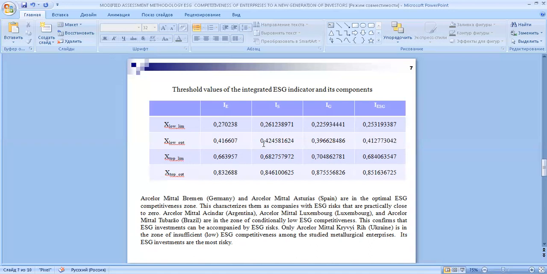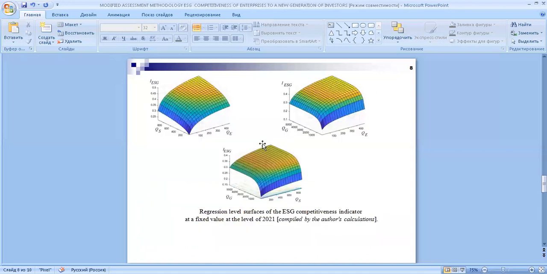And the proposed mathematical model in the article is adequate to the statistical data. It can be used to diagnose ESG competitiveness, and the regression level surfaces, as a result of this model, are shown on the slide number 8.